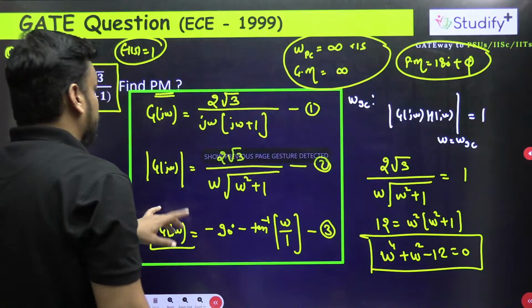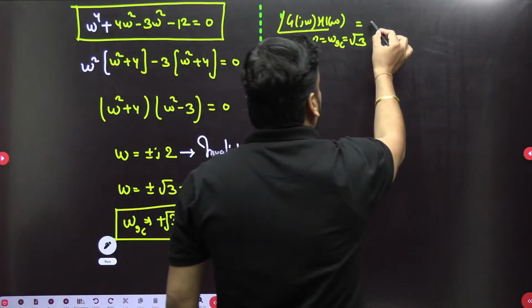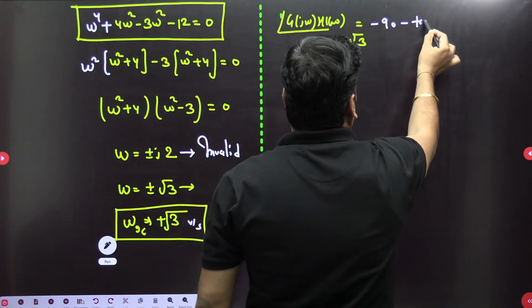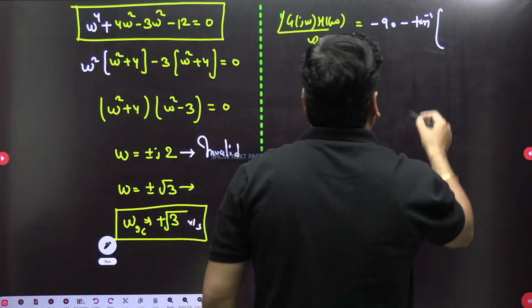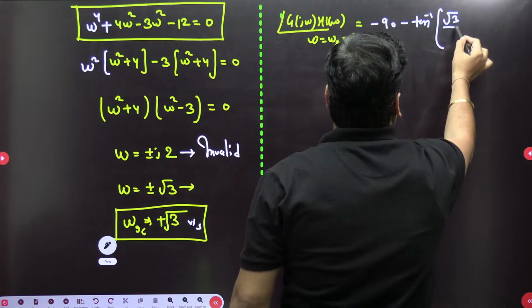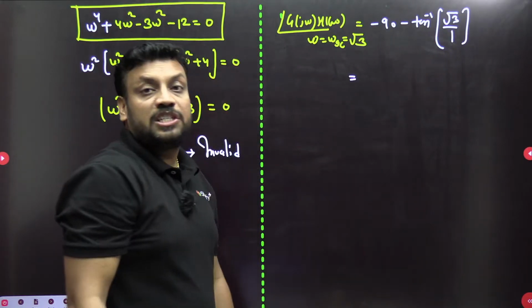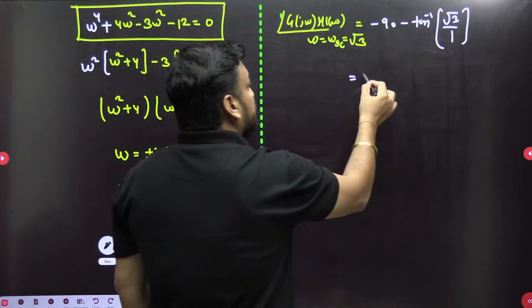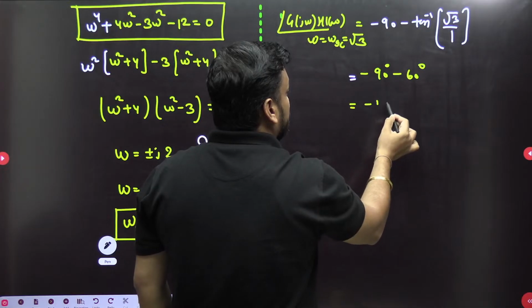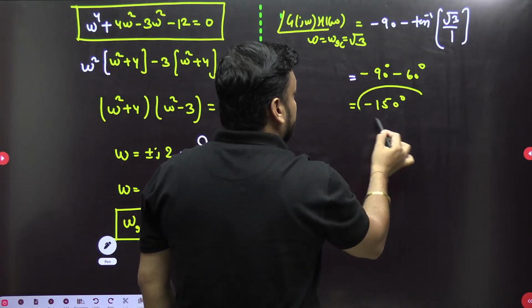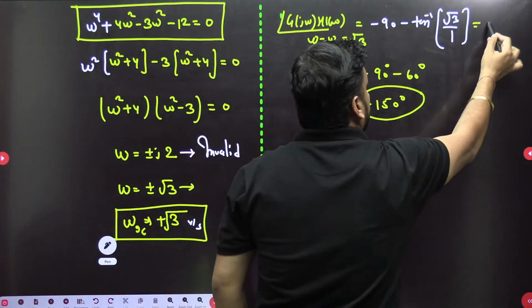In this angle equation, once you put omega GC, you will get minus 90 degree minus tan inverse omega by 1. Omega by 1 means omega is root 3 by 1. So now don't you think, guys, sir, tan inverse root 3 is 60, sir, 60. So this value is nothing but minus 90 degree minus 60 degree. It should give you minus 150 degree. This minus 150 degree is nothing but phi, because the angle of G(j omega) at omega GC is nothing but phi.